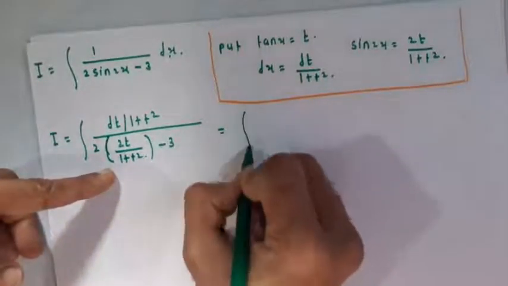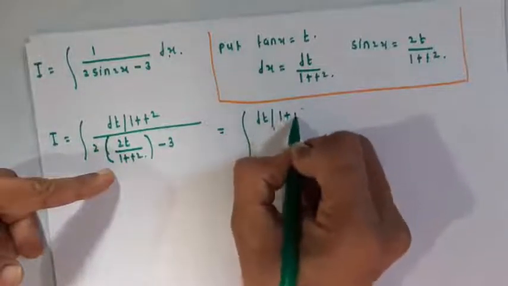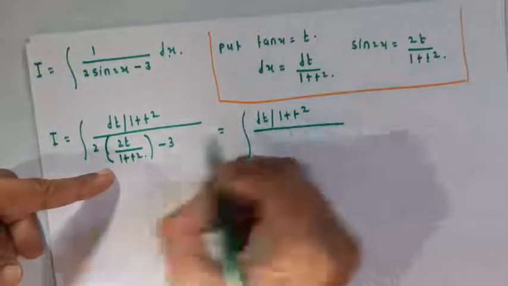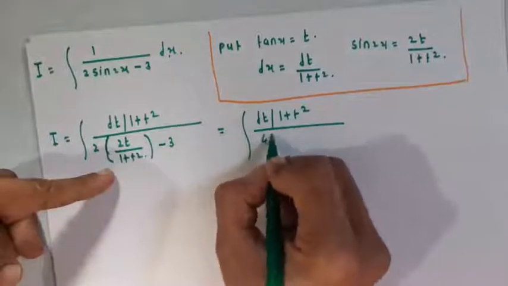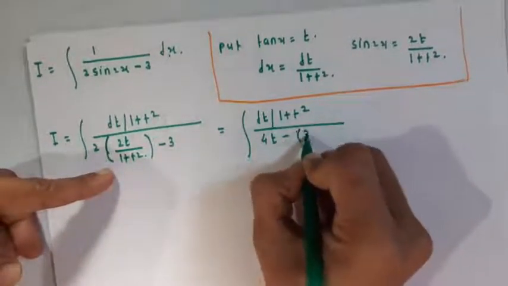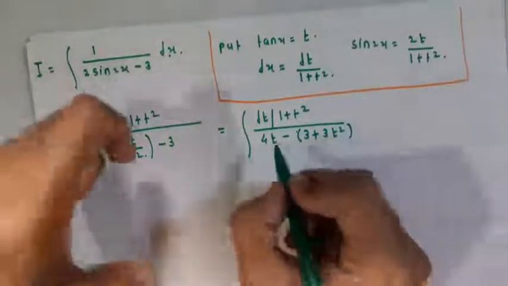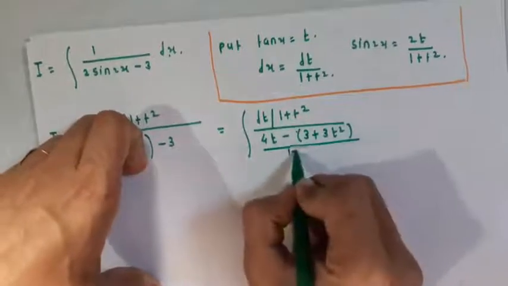Therefore this equals dt upon 1 plus t square divided by 2 into 2t, that is 4t, minus 3 into 1, that is 3, plus 3t square, upon 1 plus t square.